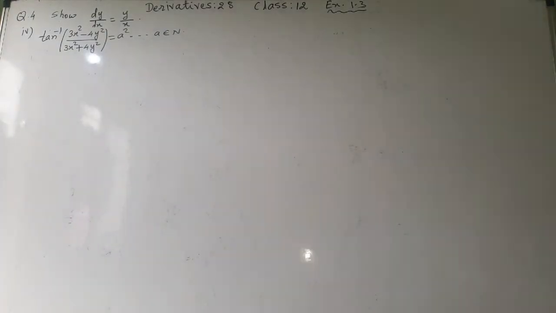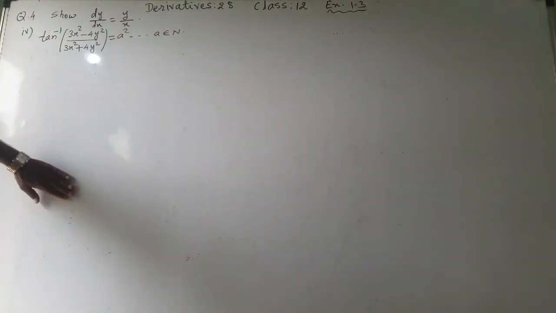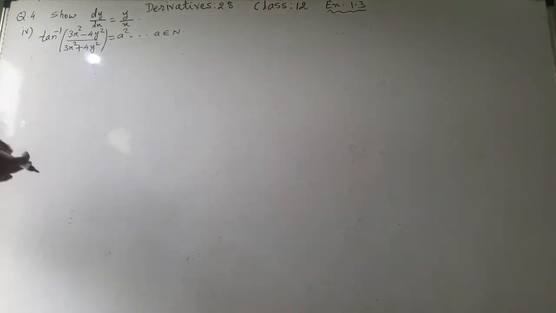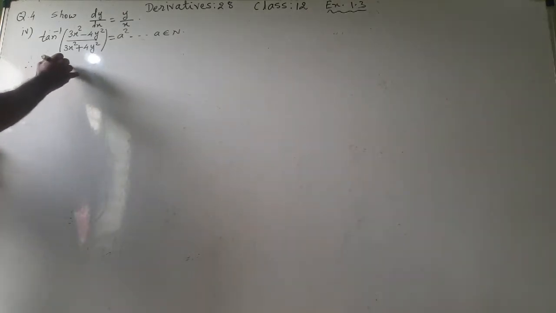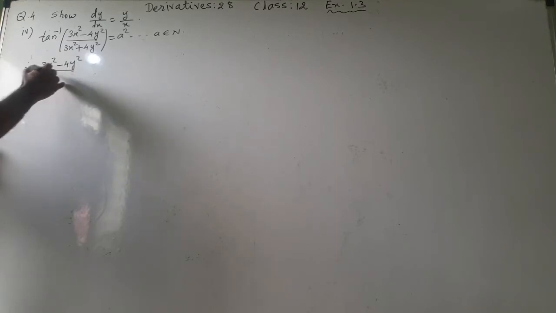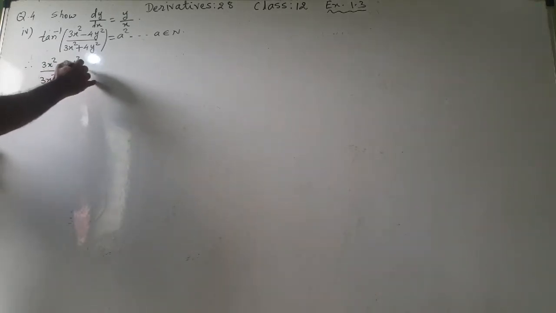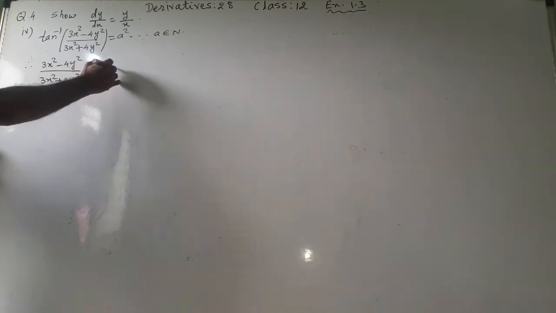So in the proof we don't want this a square. So what I will do is, therefore 3x square minus 4y square upon 3x square plus 4y square is equal to tan a square.